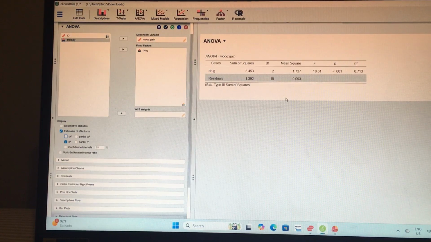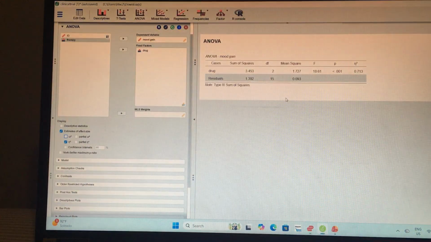In this fictitious dataset example, between groups variance actually corresponds to the effect that the drug has on the outcome variable, and the within groups variance corresponds to the leftover variability or the residuals.